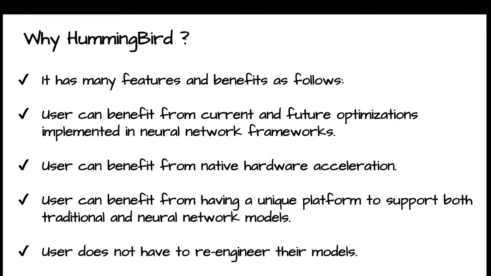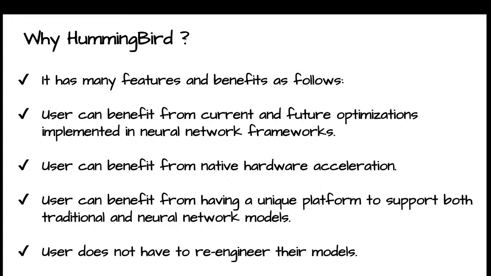So why Hummingbird? Hummingbird converts your traditional machine learning model to a DNN. That thing is not done in XGBoost. And when you get the conversion to a neural network framework, then you can use some of the advantages that neural networks enjoy.